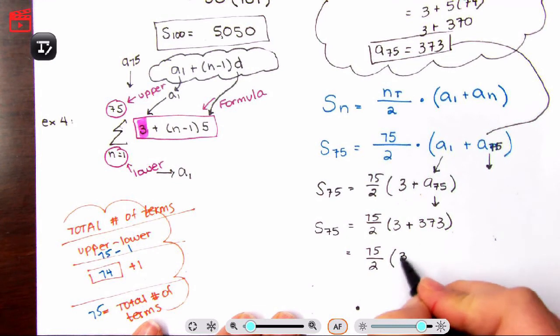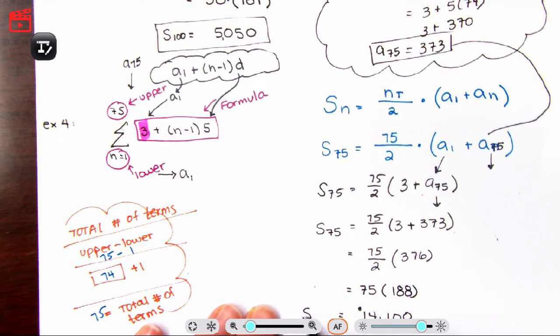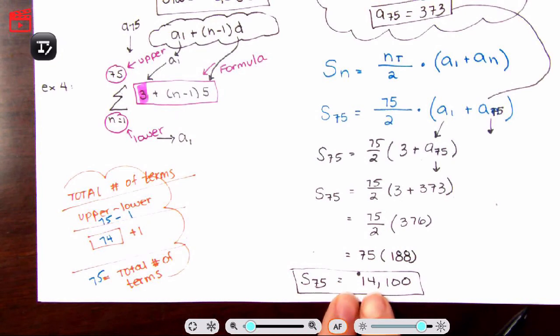So I have 376, so I'm going to do 376 divided by 2 first. So I have 75 times 188, and 75 times 188 gives me 14,100. So when I add up 75 numbers in this series, it gives me 14,100.